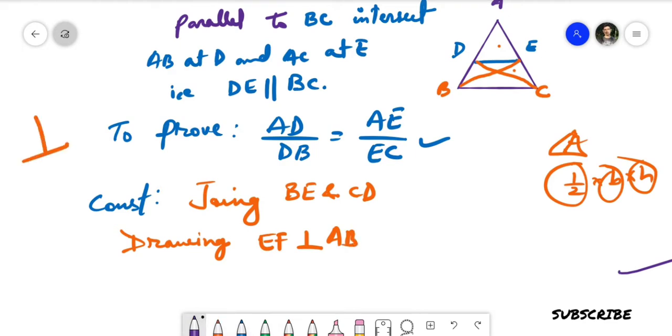So drawing EF perpendicular to AB, and DG is, can you see, D, not DG. Okay, it's DG. But I have not drawn anything. I'm just writing EF, because I suppose the point over here.